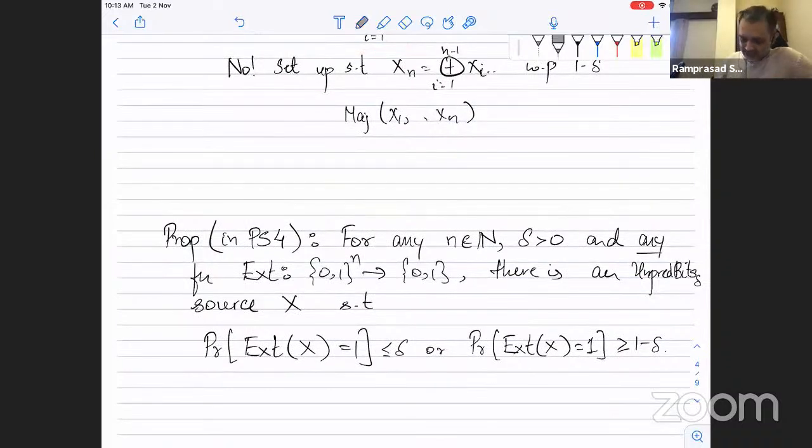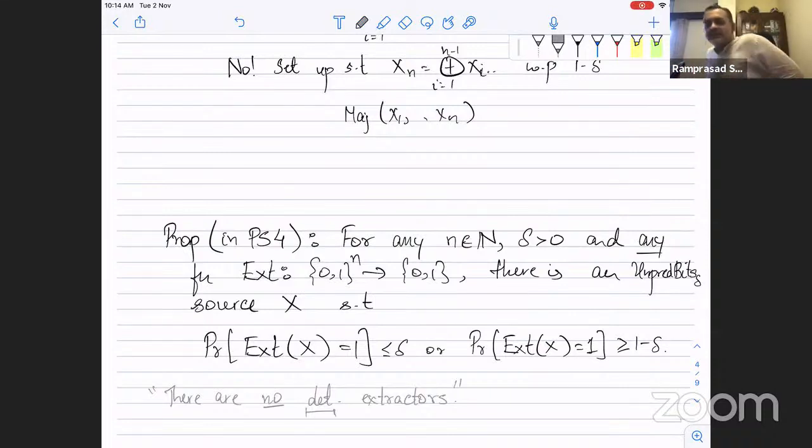Just in words, this is saying that there are no deterministic extractors. I'm telegraphing some move that I'm going to do soon, which is that we're going to slightly change our definition of what extractors are, and then suddenly those sorts of extractors will exist.